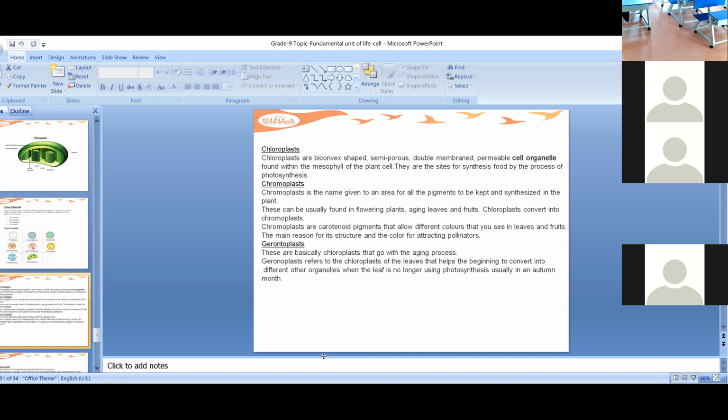What are the plastids which are responsible for the aging process? Yes, it's there on your screen. Which plastids are responsible for the aging process? Gerontoplast.